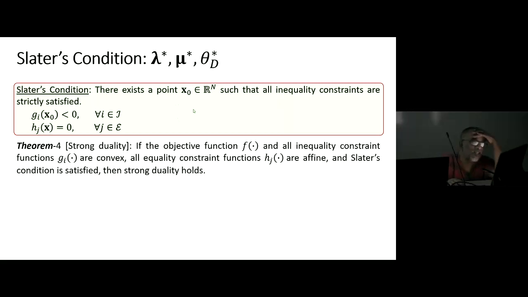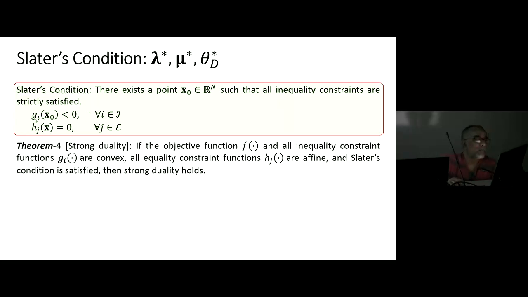This x naught is strictly in the interior of the feasible region with respect to the inequality constraints. And of course, for the equality constraints, any deviation from 0 would violate the equality constraint. So Hj of x naught equals 0. Oh, I should have written x naught here.